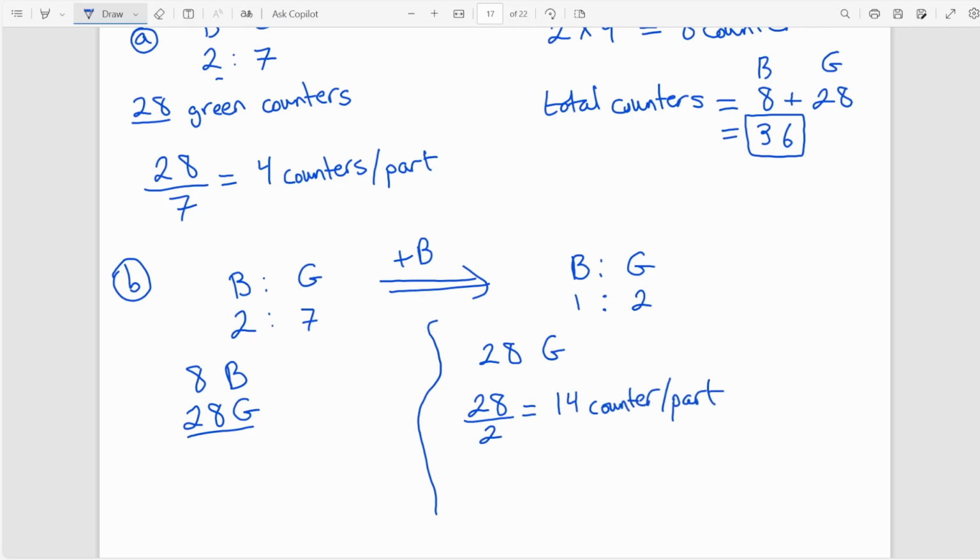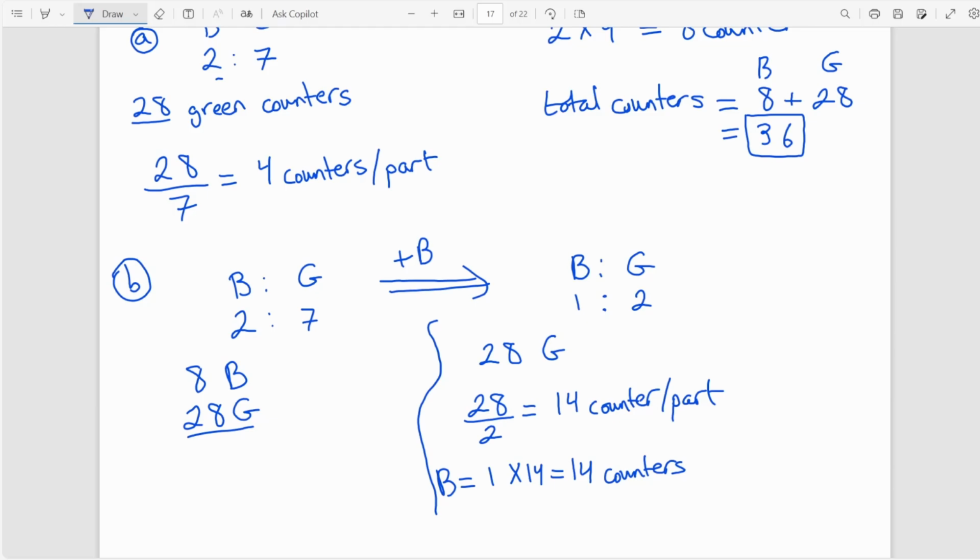So this ratio is represented by 14 counters per part. So now I can find the number of blue counters by multiplying one share by 14, which will just give you 14 counters. Okay, so those are the blue counters in the new ratio after Alice added the blue counters.